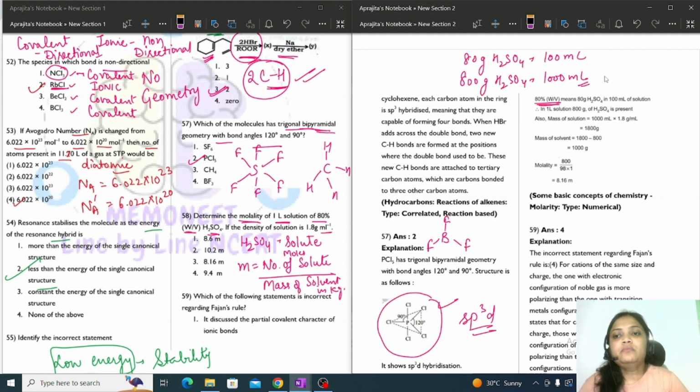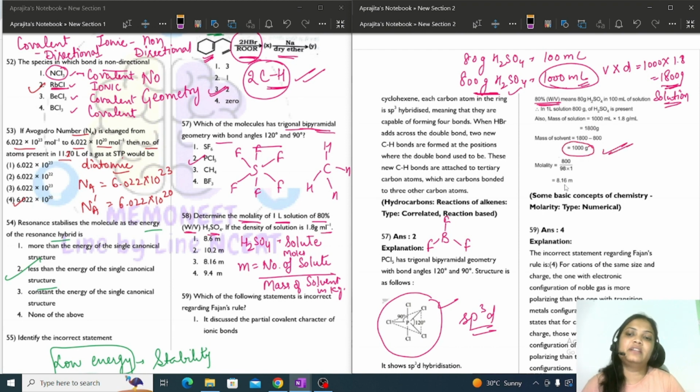Okay, now we need to find the mass here. Volume is given, multiplied by density, which is 1.8. So 1000 into 1.8 will give 1800. It means 800 grams of sulfuric acid is present in 1800 grams of solution. So mass of solution is there, mass of solute is there. We need to find the mass of solvent. It will come out to be 1000 grams.